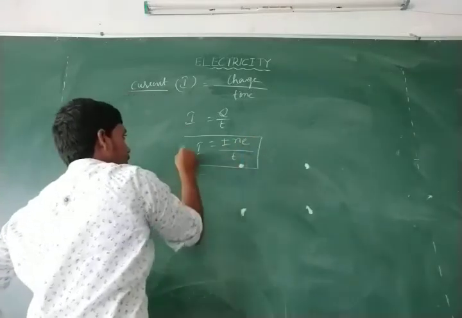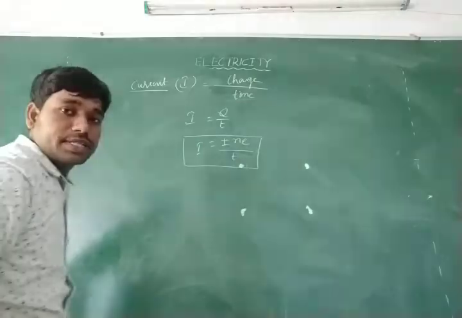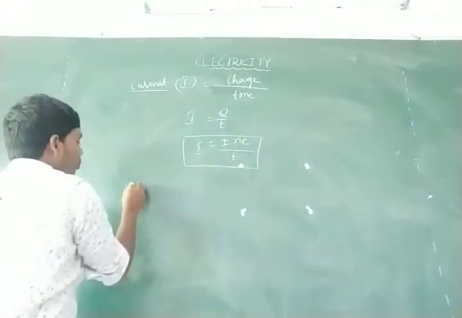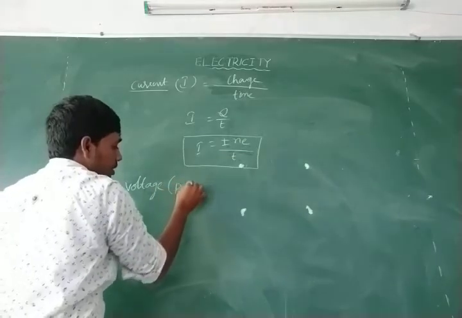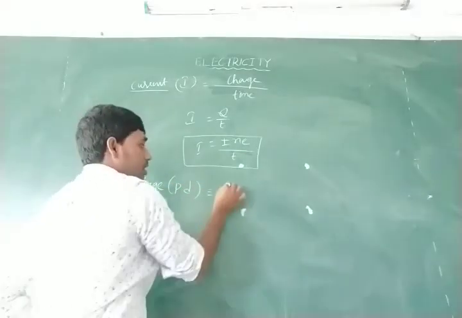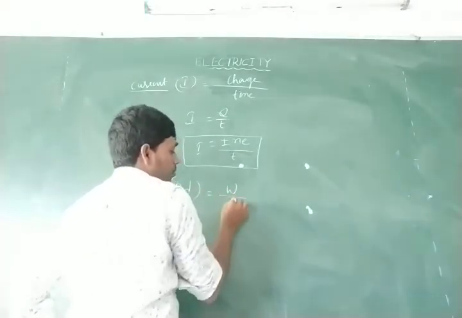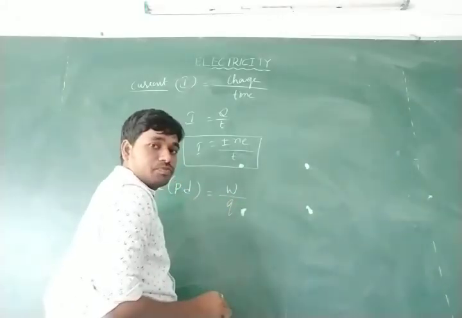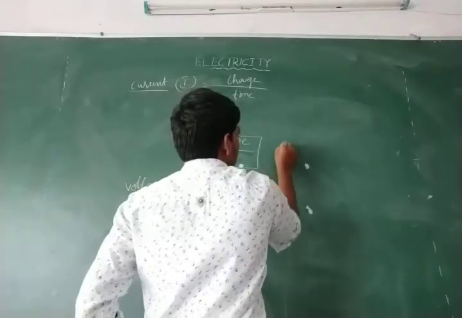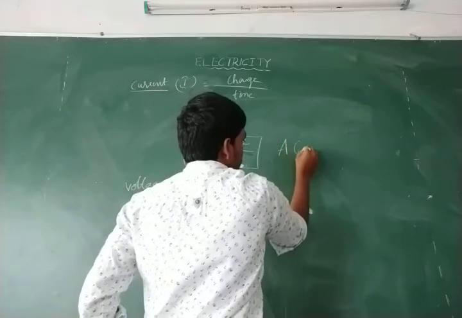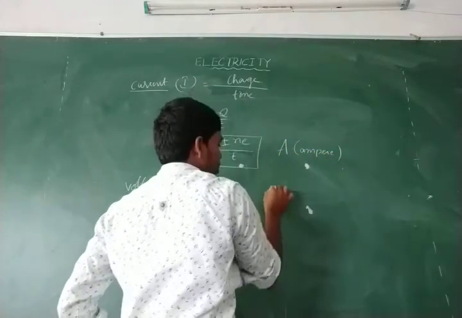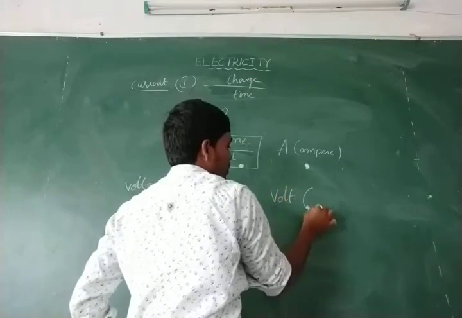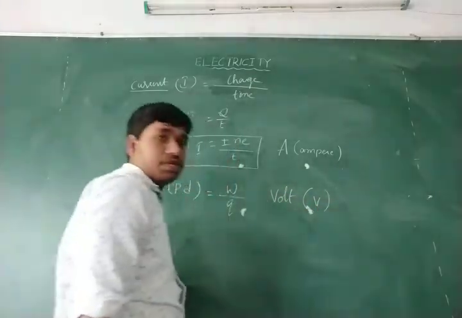This is electric current, and its SI unit is amperes. Second, we discussed voltage, or potential difference, that is work done per unit charge. Here the SI unit is volt, simply denoted with V.